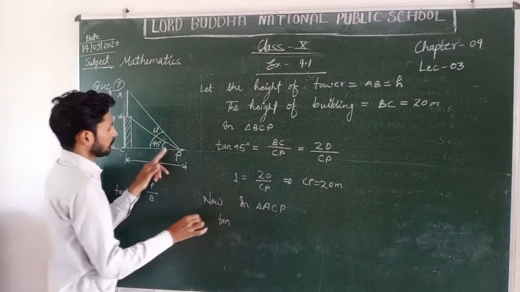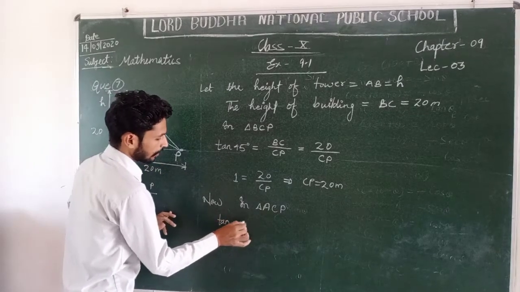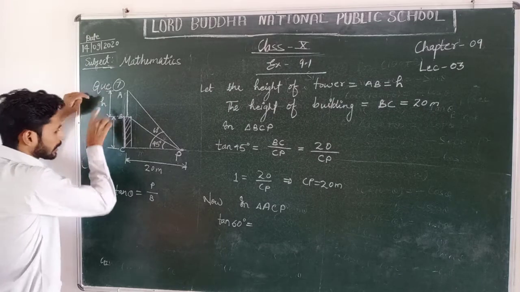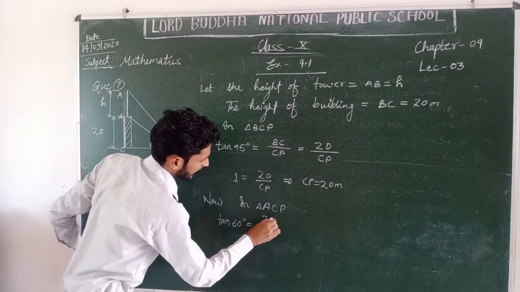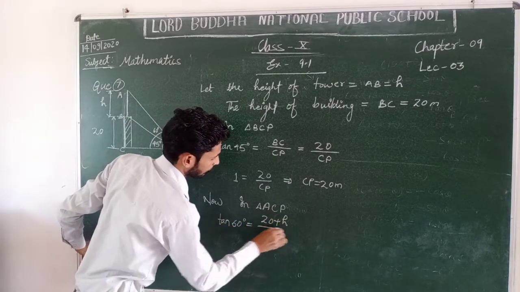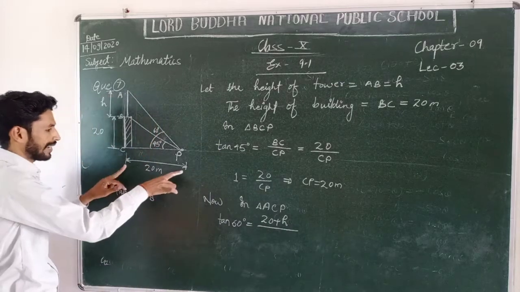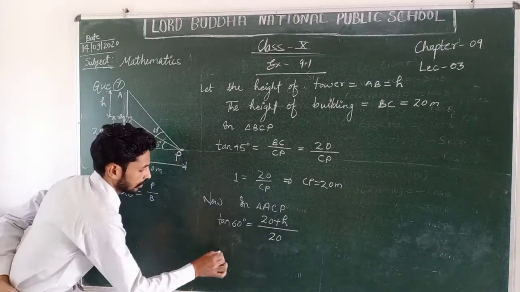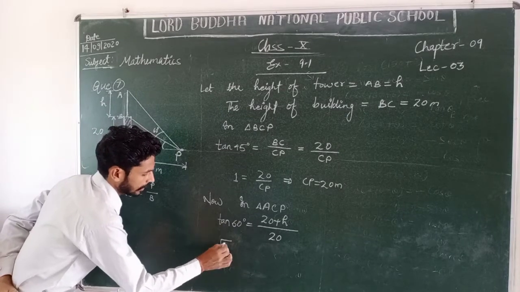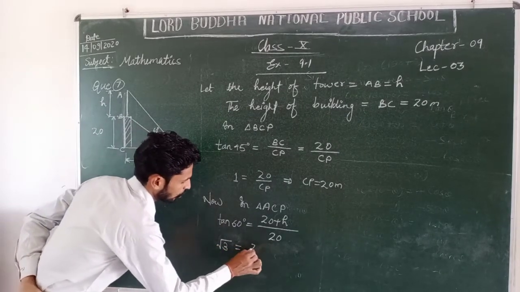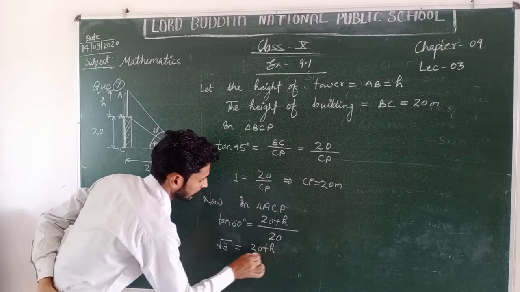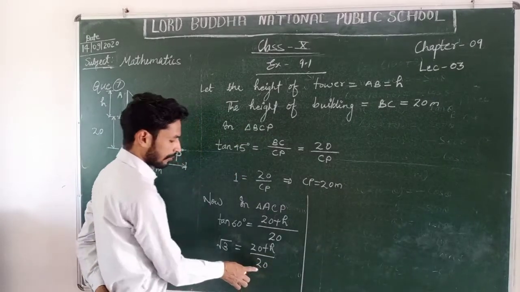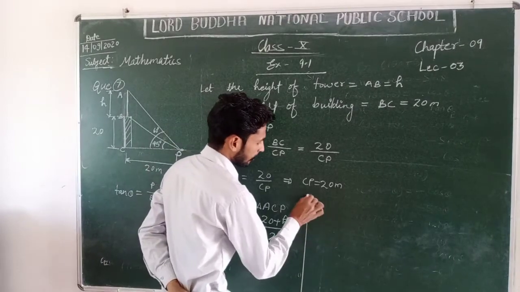Tan, there is 60 degrees, so write tan 60 equals perpendicular, which is 20 plus h, divided by the value of base, that is 20. So the value of tan 60, that is root 3, equals 20 plus h divided by 20.